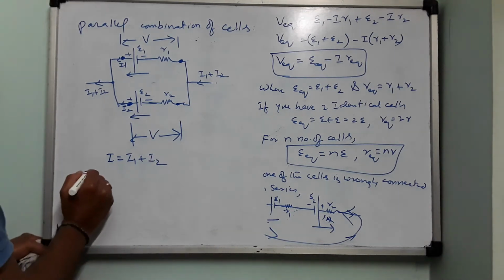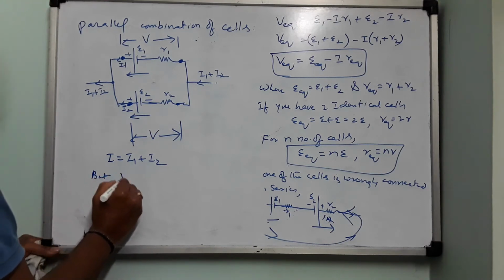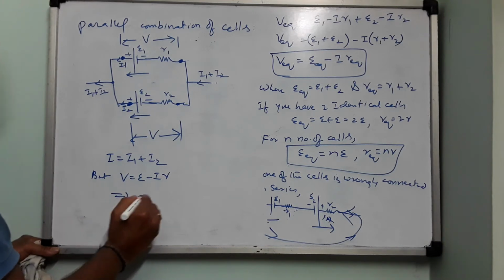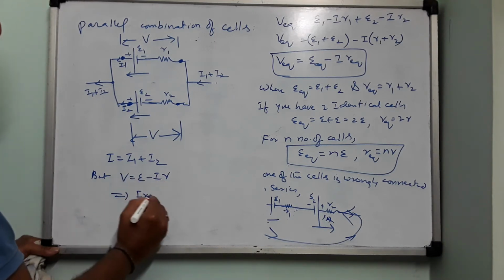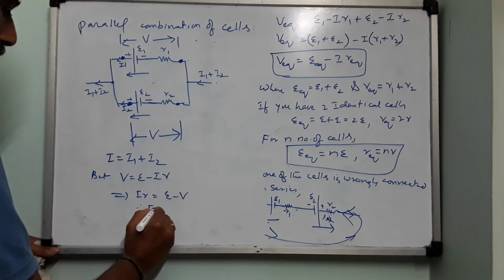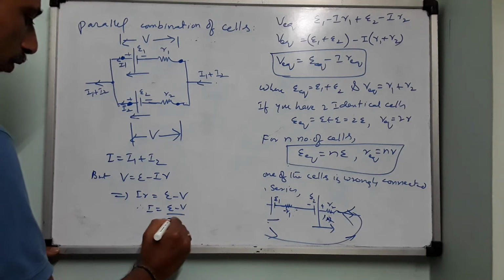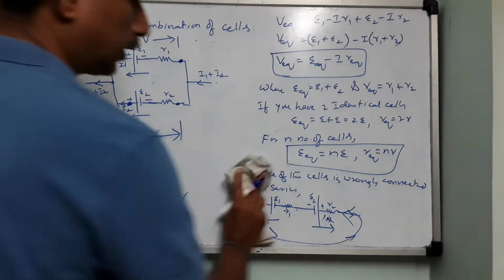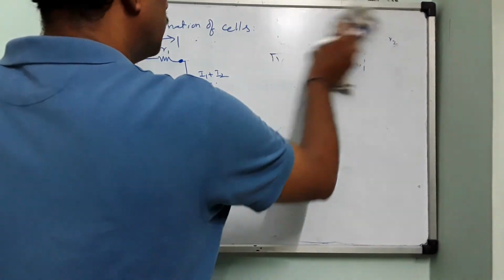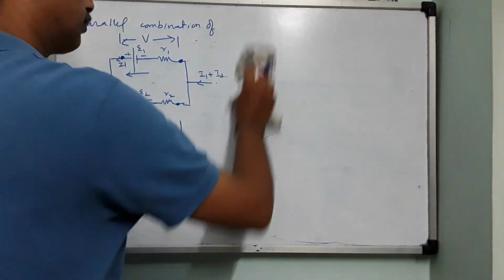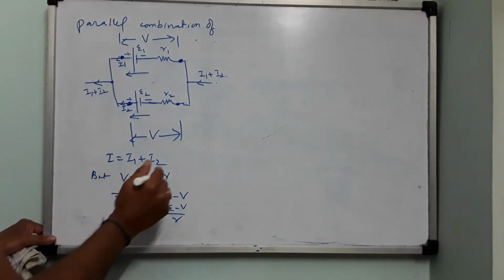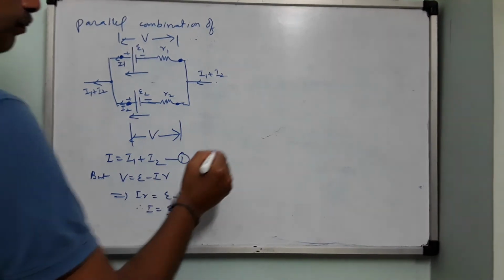Fine. But we use the basic equation V equals E minus IR. This implies I into R, bring it to the left side, equals E minus V. Therefore, I equals (E minus V) divided by R. This is the current expression in terms of EMF and terminal potential difference of the cells. Right. So this is equation 1.